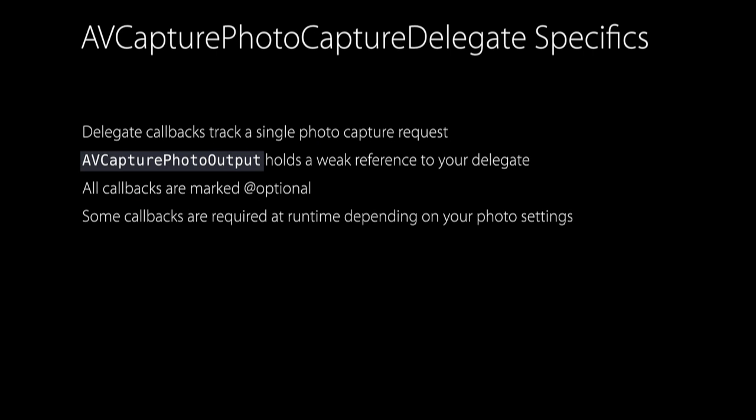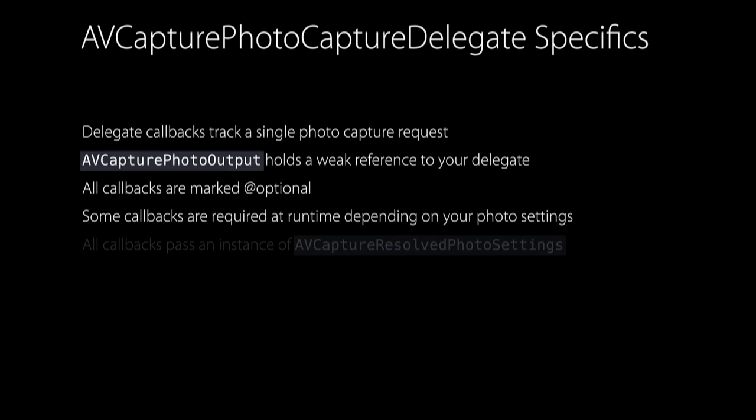For instance, when you're capturing a compressed or uncompressed photo, your delegate has to implement the one callback where you get the photo. Otherwise, we would have nowhere to deliver it. The rules are clearly spelled out in the AVCapturePhotoOutput.h header doc. All callbacks pass an instance of that nice resolved photo settings object I talked to you about. So you always know what you're about to get or what you just got.